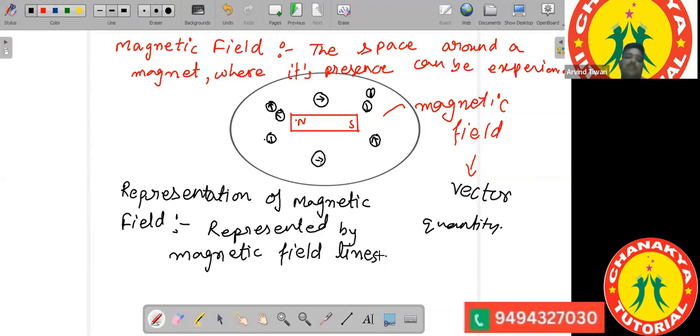They are just a representation. Magnetic field lines are a representation of the magnetic field. They are not real. We are trying to represent the field in this area with the help of the magnet, with the help of these magnetic field lines.